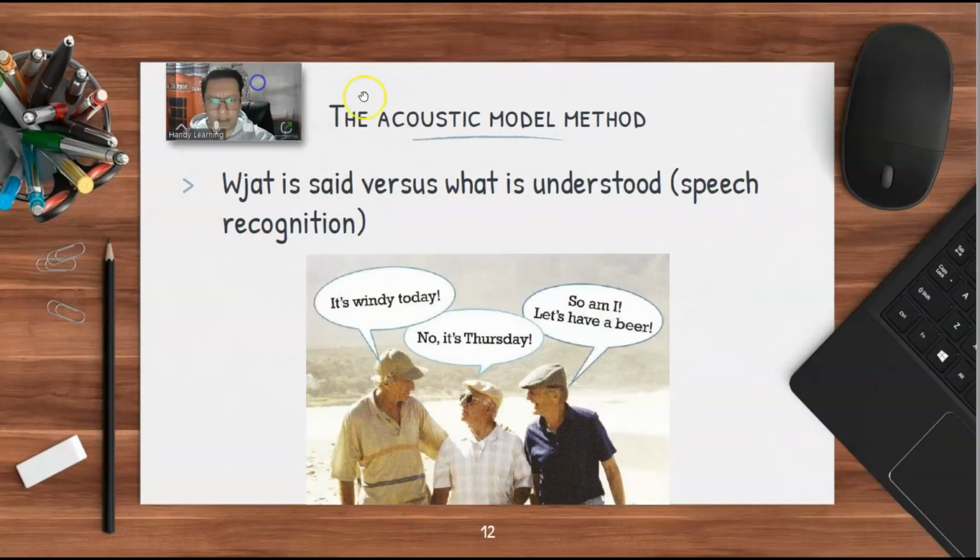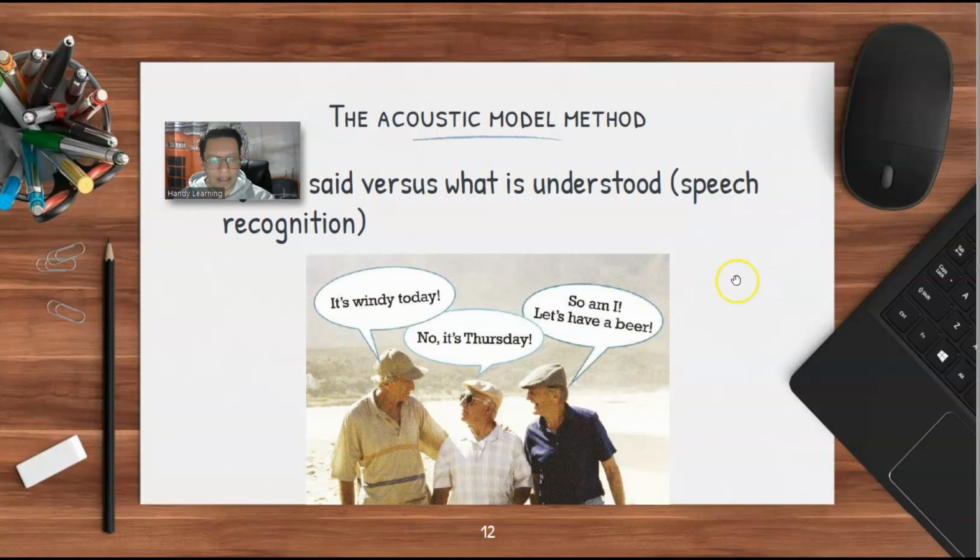Then we have the acoustic model, and this has to do with what we understand when we hear, right? So what is said versus what is understood. This is also called speech recognition. For example, here in the illustration, we have three men, and one says, "It's windy today."